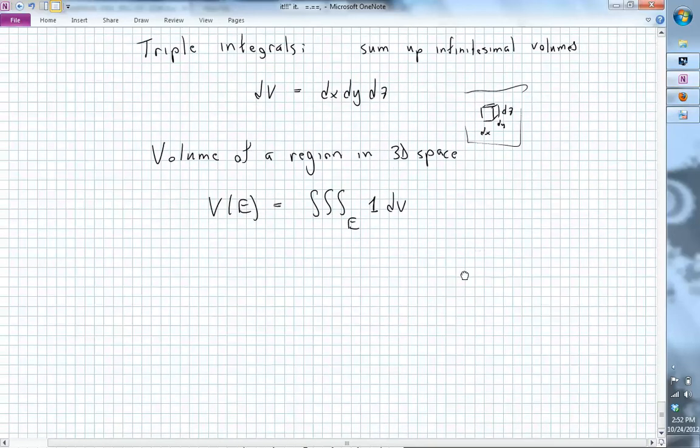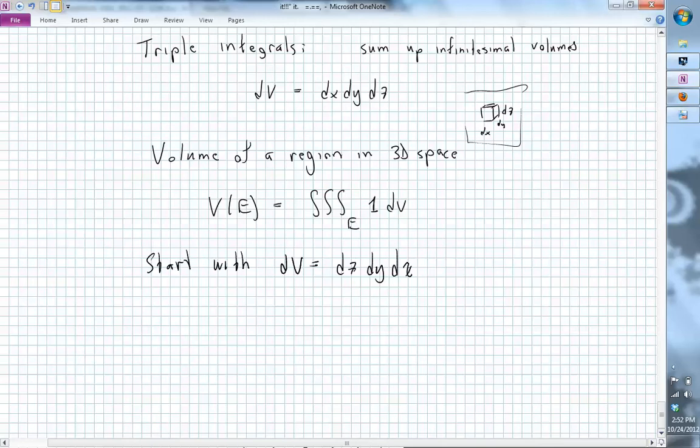We're going to start with dV equal to dz, dy, dx, just because I think it's the most natural way to think about these problems.